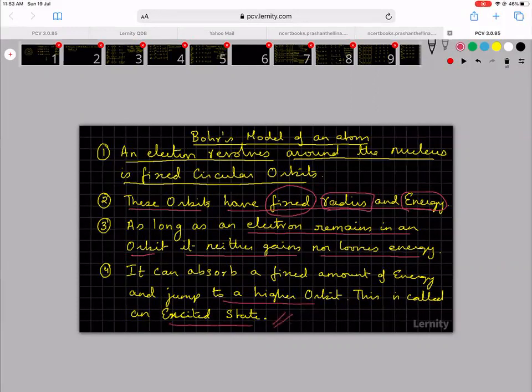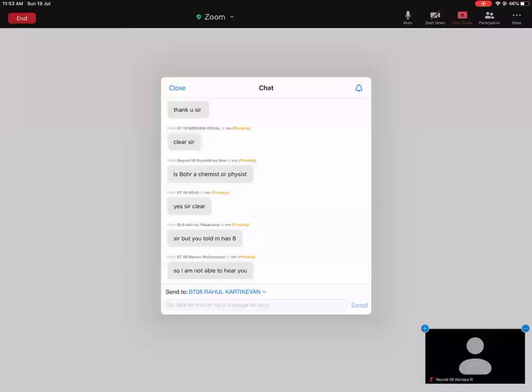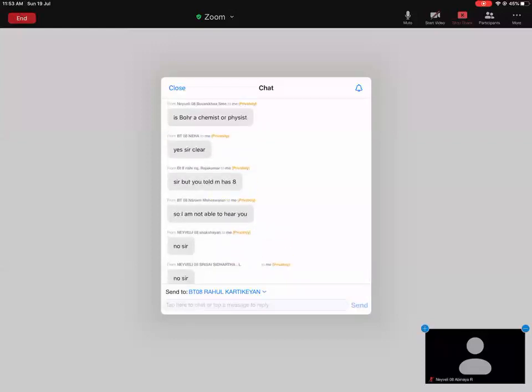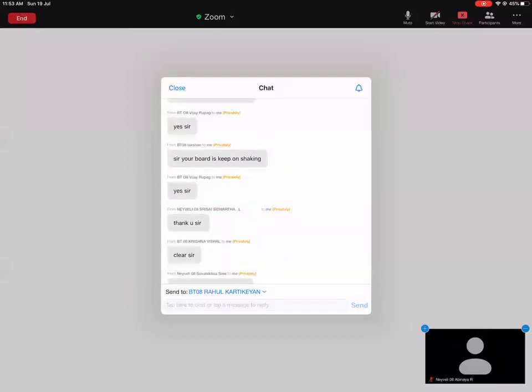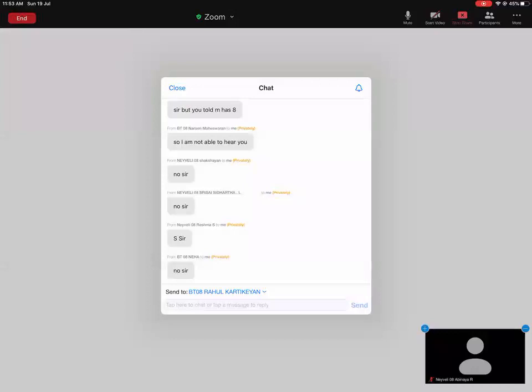Okay. Then let me check if there are any questions. Is both a chemist and a physicist, is more of a physicist. I didn't, see, again and again I am explaining to you, Rishi, what you have written is a maximum number. Okay, let me come back to that. I said that is a maximum number. What is no? Are you able to hear?